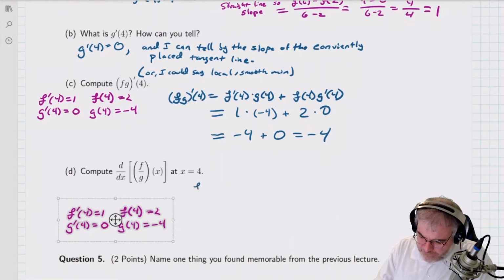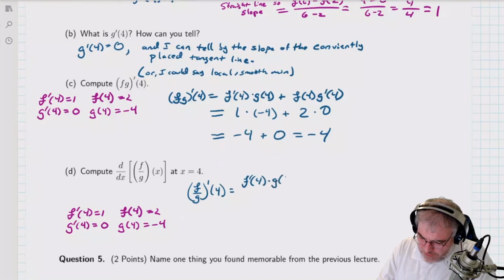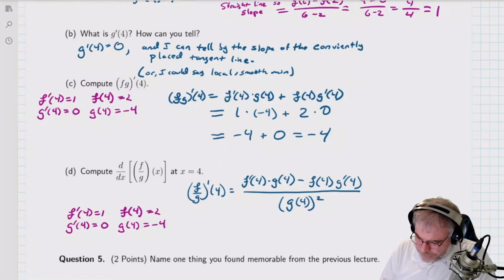So f over g prime of 4 equals f prime of 4 times g of 4 minus f of 4 g prime of 4, all over g of 4 squared. And then I'm just going to do that again.